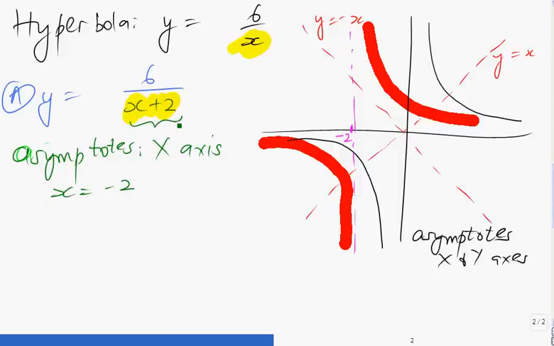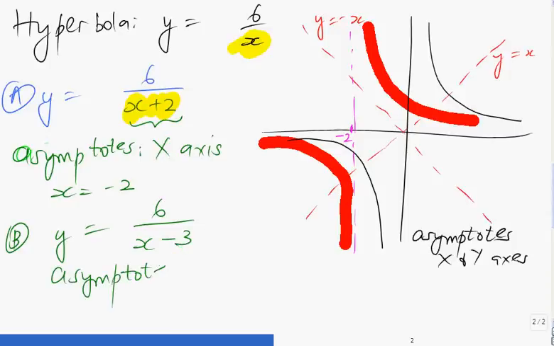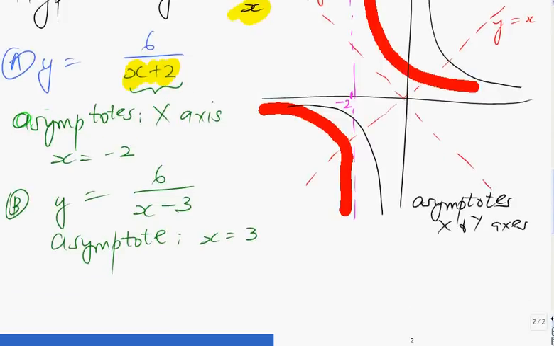On the other hand, if you have the graph y equals 6 over x minus 3, this time you'll find that the asymptote will now change to the position x equals 3. If we go a step further, and take y equals 6 over x minus 3, plus 5, this time the whole graph moves 5 units up.